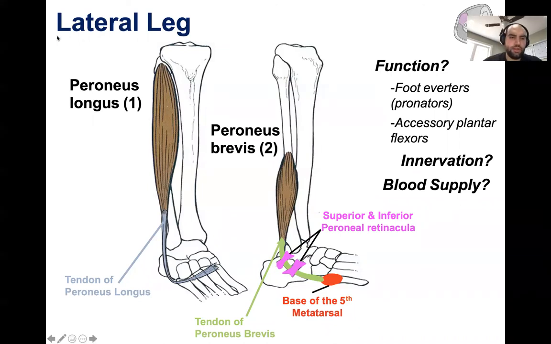So the Peroneus longus, as you can see, it begins at the head of the fibula laterally, and it runs all the way down, turns into a tendon at the distalmost part of the fibula, and the tendon courses behind the lateral malleolus, lateral to the calcaneus, and then underneath that calcaneus.